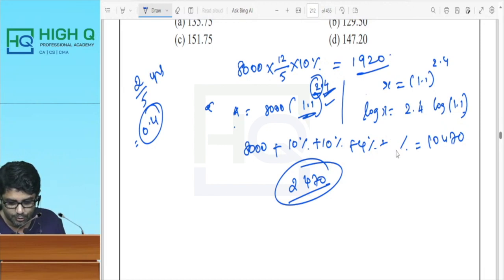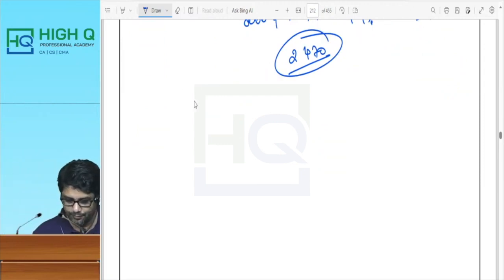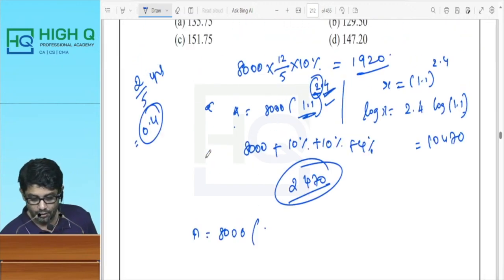Only one time I should take. But now listen here. Now, let me teach you how to find out this nth root. Please look at this. What I have to find out?